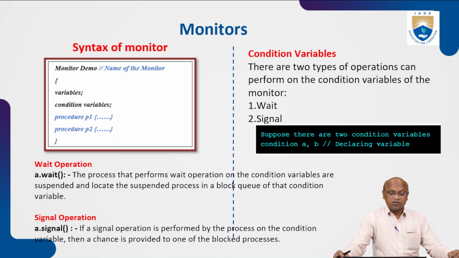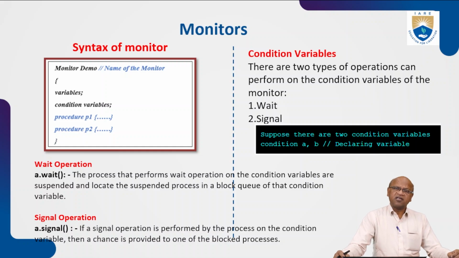With the signal operation, A dot signal, if a signal operation is performed by a process on the condition variable, then the chance is given to one of the blocked processes. So the condition variable operations are wait and signal. There are two types of operations that can be performed on the condition variable of the monitor, wait and signal.